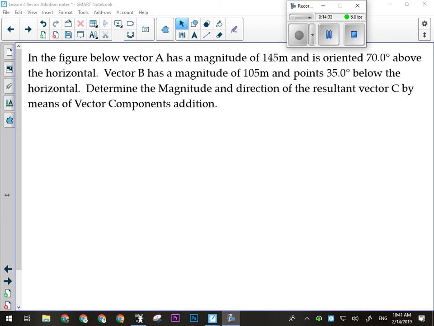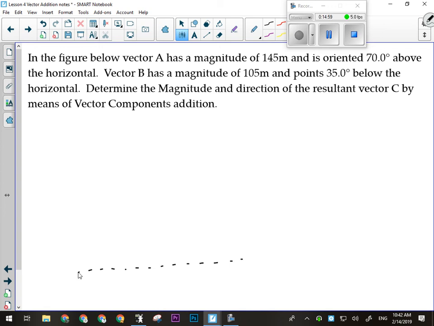Anytime I'm adding two vector quantities, how do I draw them? Tail to head. So that means draw the first one and then draw the second one on the head of the first one. So I'm going to start out with my first one here. It says it's 145 meters long and it's oriented 70 degrees from the horizontal. So I just want to draw a line that's horizontal, and I'm going to go 70 degrees above that.